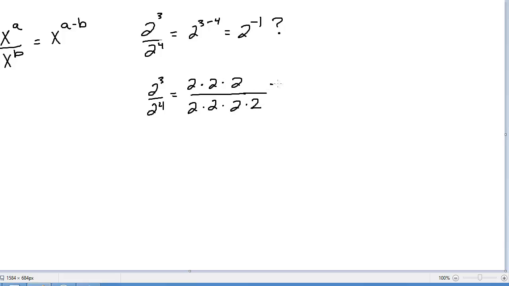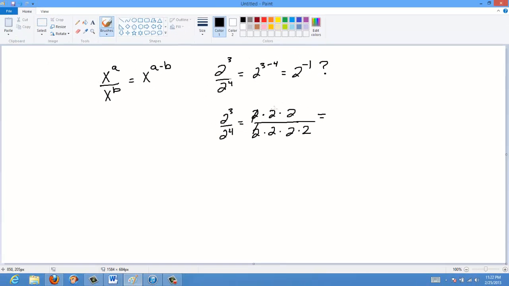We can see that we have a bunch of elimination happening here, and we actually have a 1 here, so this is equal to 1 half, which is 1 over 2 to the 1. And from this we can get the general equation that x to the negative a is equal to 1 over x to the a.